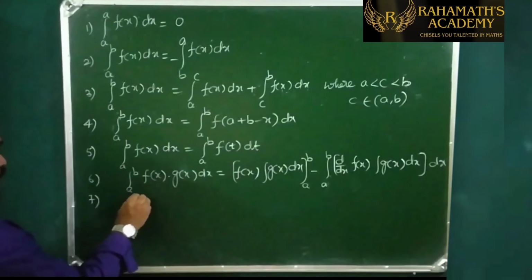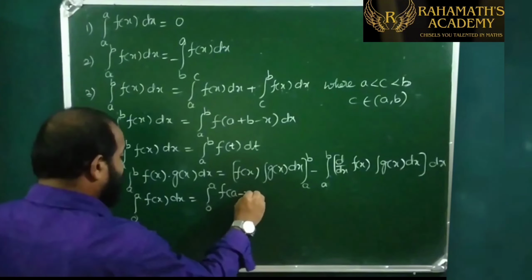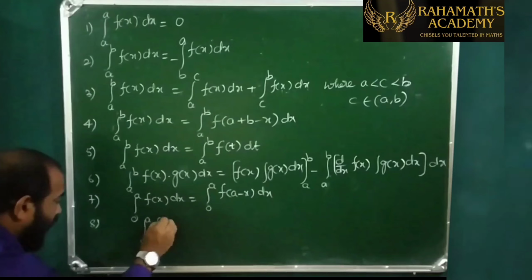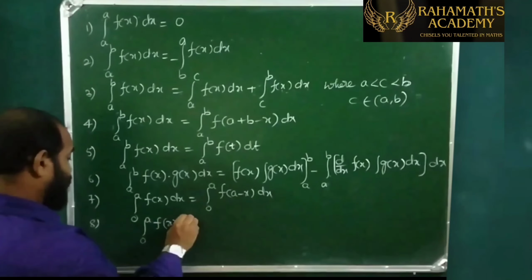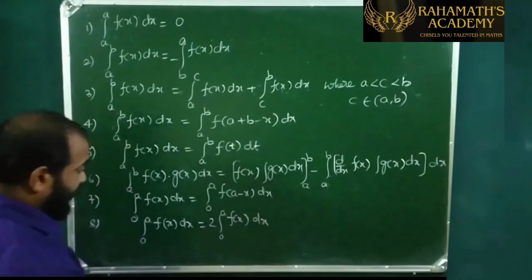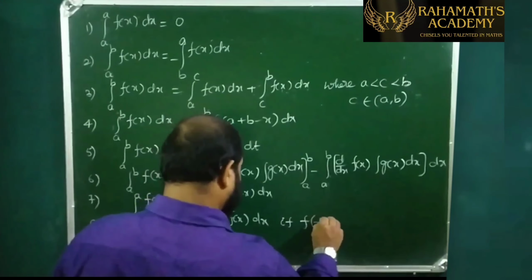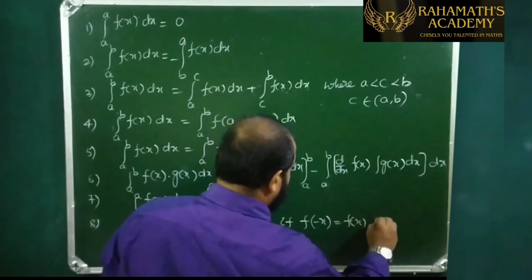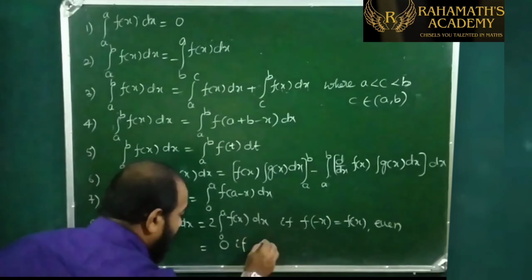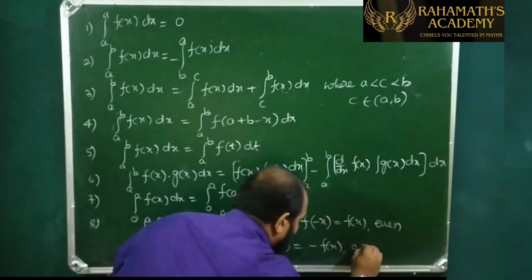Integral 0 to a f of x dx is equals to integral 0 to a f of a minus x dx. Integral 0 to a f of x dx is equals to 2 integral 0 to a f of x dx if f of minus x is equals to f of x, even function, and is equals to 0 if f of minus x is equals to minus f of x, which is odd.